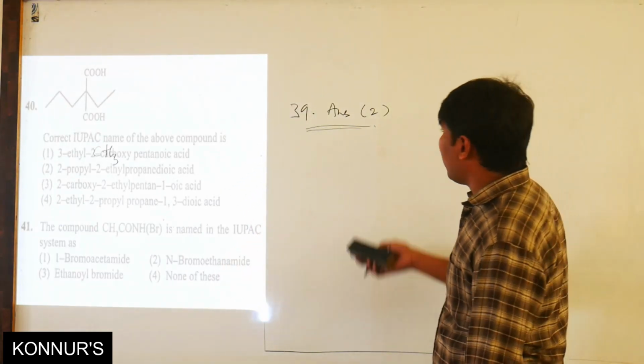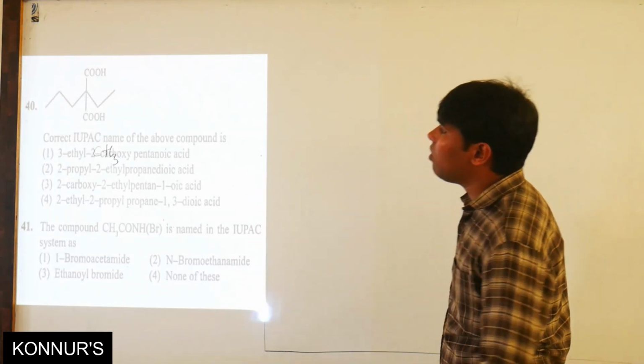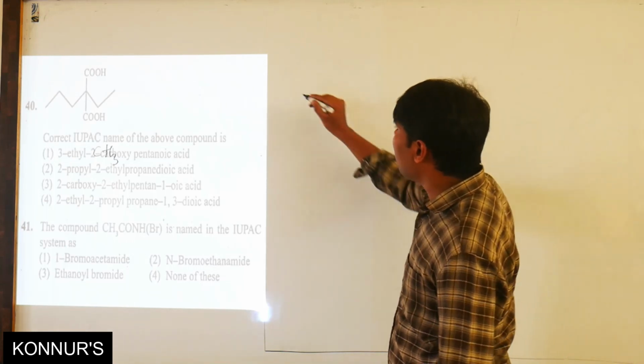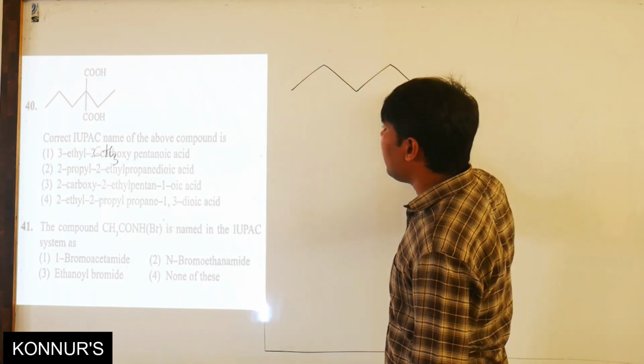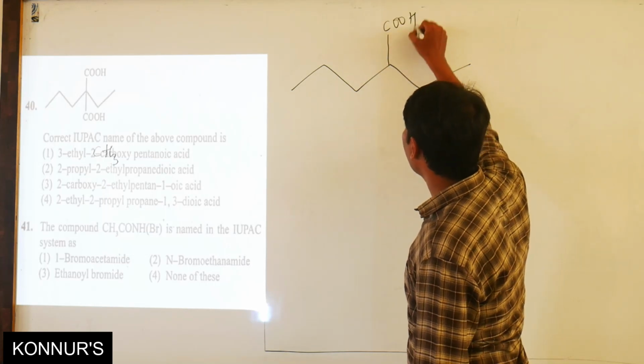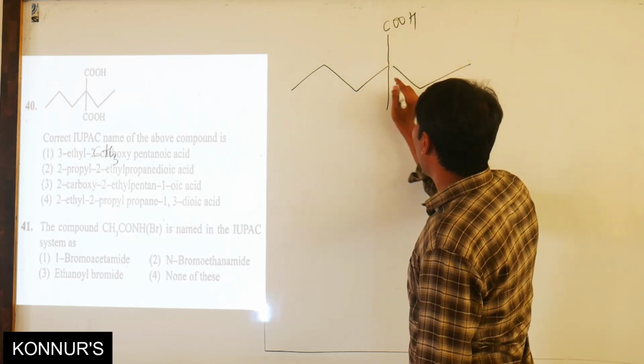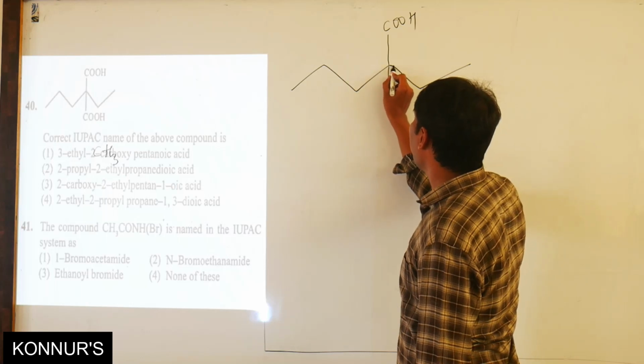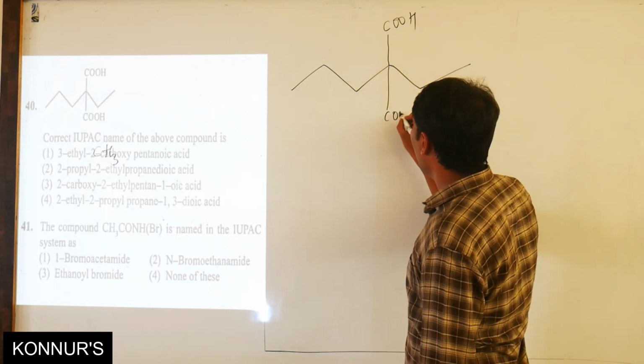The 40th one. Here they have given an organic compound which contains a chain like this, and here one COOH group, and here also one COOH group.